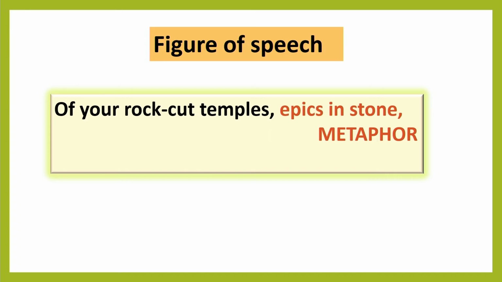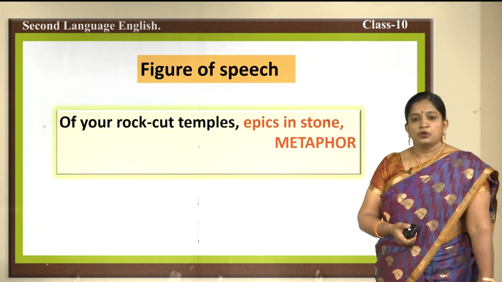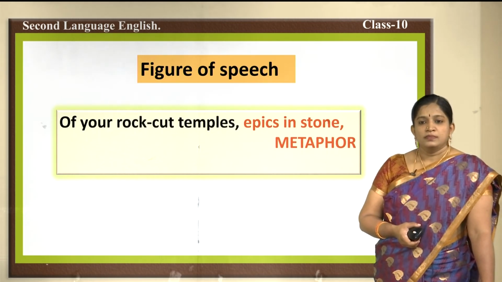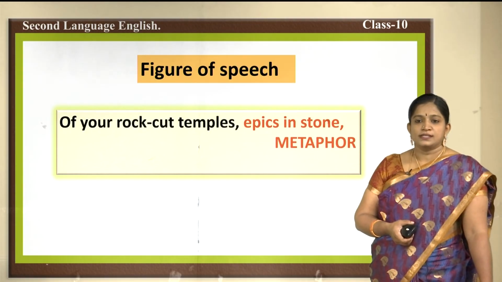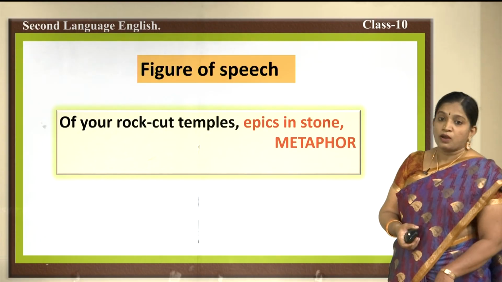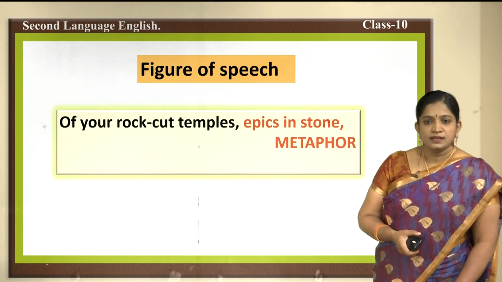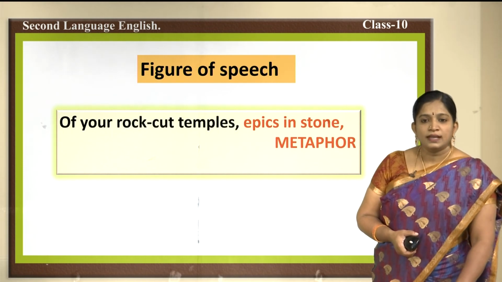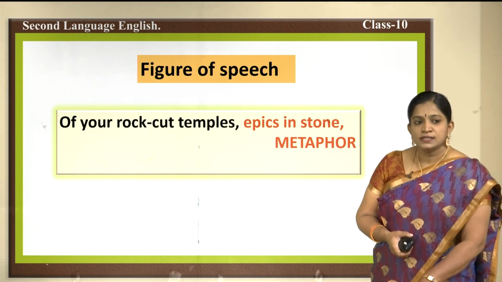Next thing is figure of speech. You already learned what is figure of speech in the bridge course classes. Now, in this poem, you just have a look at the second stanza. There you will find this sentence, of your rock cut temples, epics in stone. Here the poet is calling rock cut temples as epics in stone.